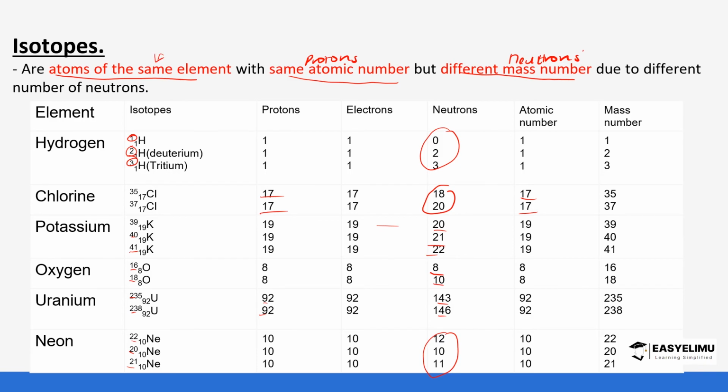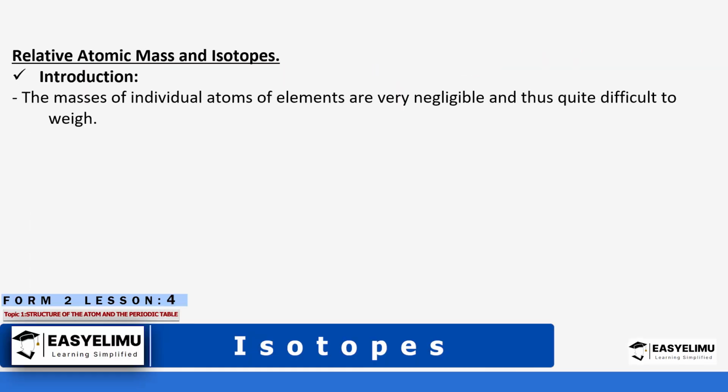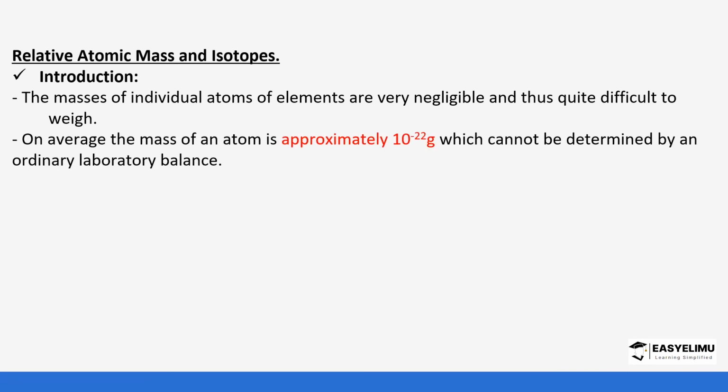So this brings us into relative atomic mass. When it comes to the masses of different atoms, calculating the mass of each atom can be very difficult, and they are not that easy to weigh. So we cannot just weigh each and every atom every time we want to get a specific mass of that atom. It is so small, about 10 to the power negative 20.